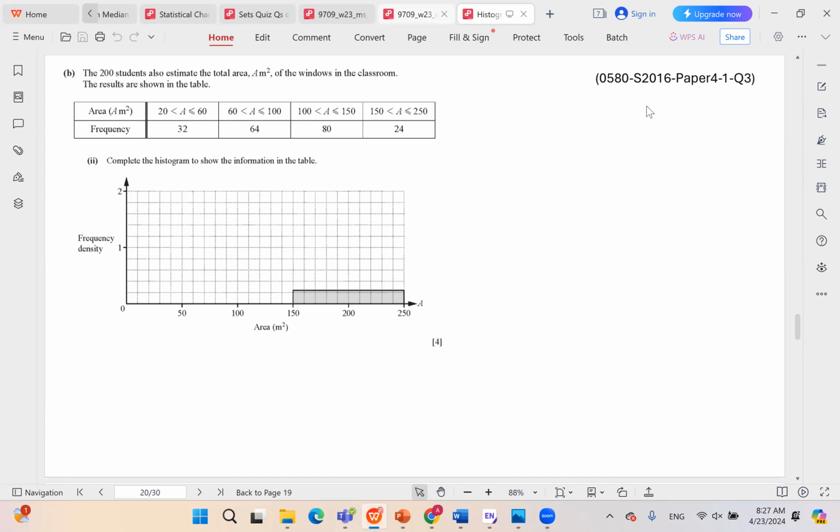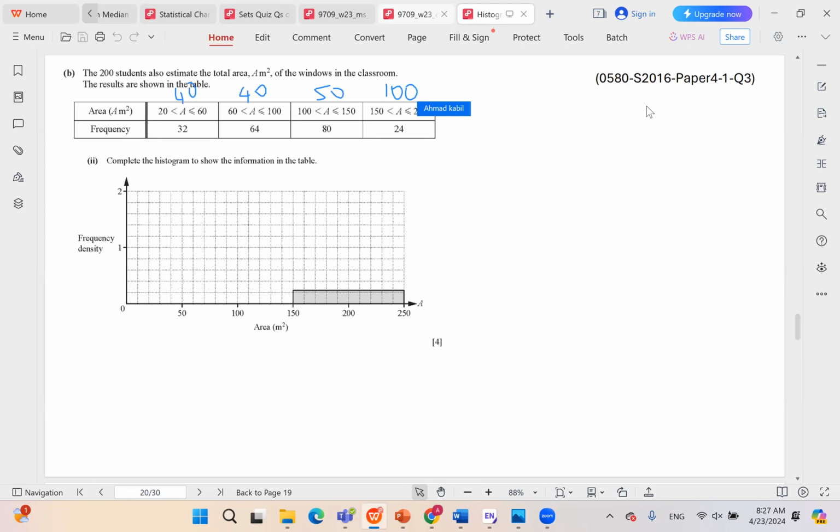The 200 students also estimate the total area A of the windows in the classroom. The results are shown in the table. Complete the histogram. So again, we have to start by estimating the width. So the width here is 40, and the width here is 40 as well. Here it's 50, and here it's 100. These are the widths.